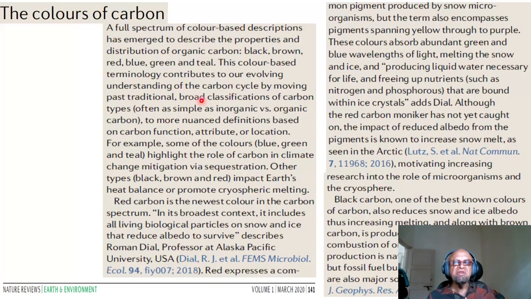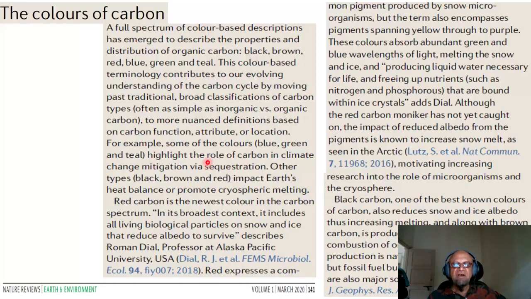This color-based terminology contributes to our evolving understanding of the carbon cycle by moving past traditional broad classification of carbon types, often as simple as inorganic versus organic carbon. Then we have dissolved, particulate, and so on, to a more nuanced definition based on carbon function, attributes, and location. Those traditional definitions tend to be quite broad.